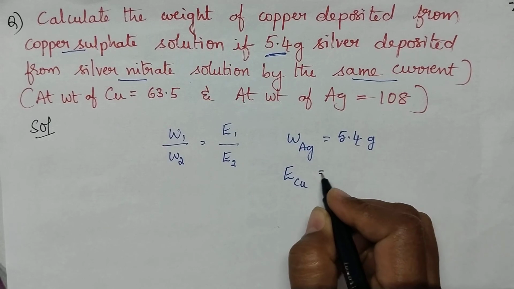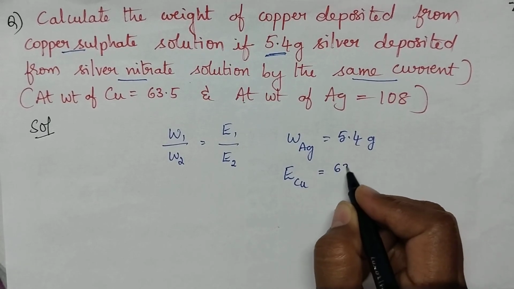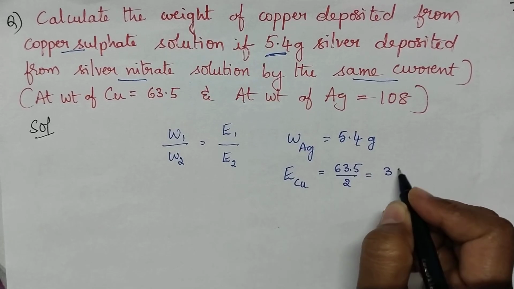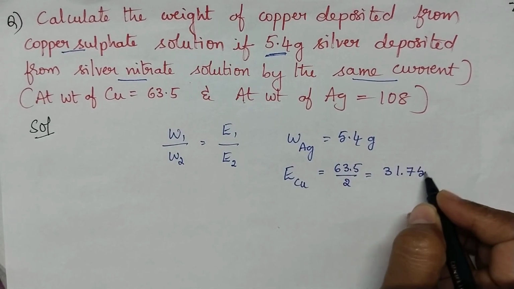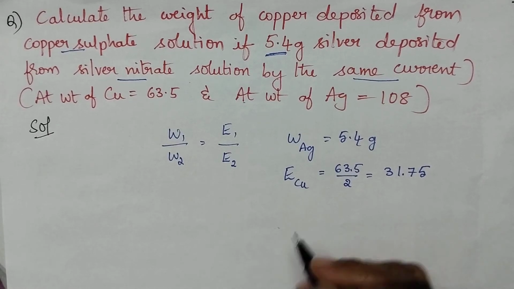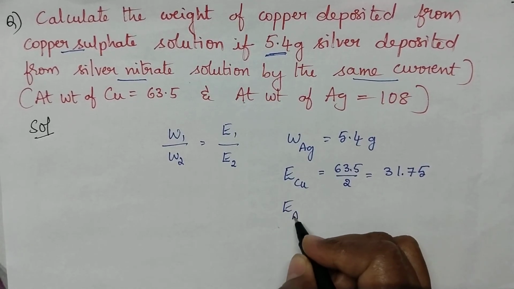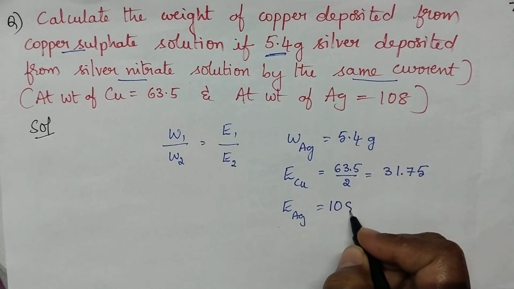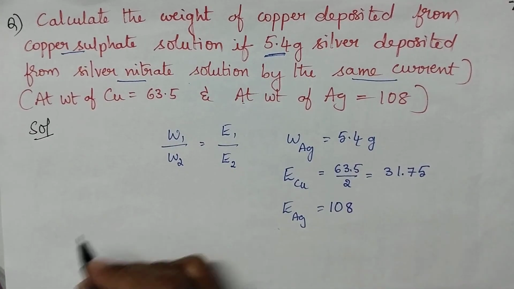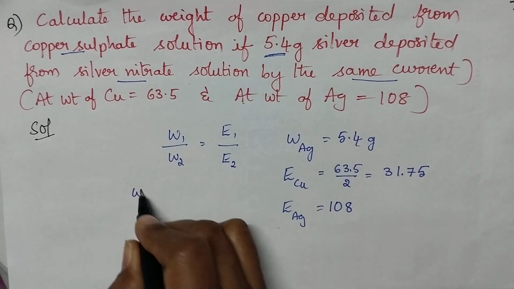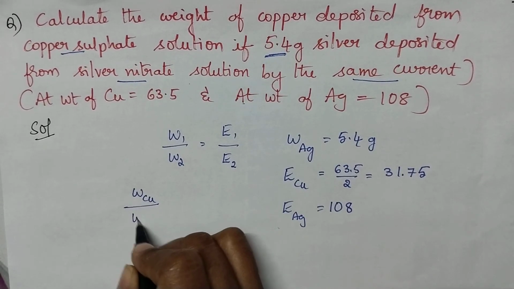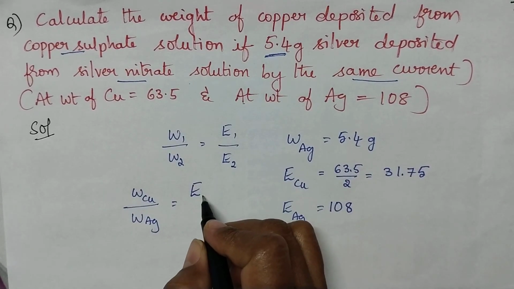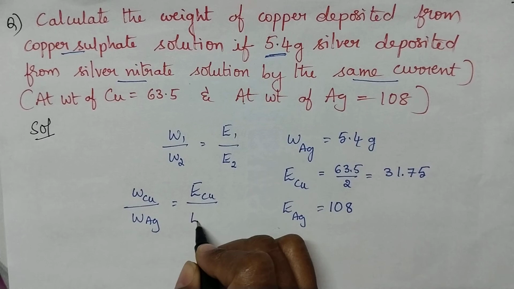So equivalent weight of copper is equal to atomic weight by valency, that is 2, and hence that is equal to 31.75. And coming to the equivalent weight of the silver, that is equal to its atomic weight, so it is 108.